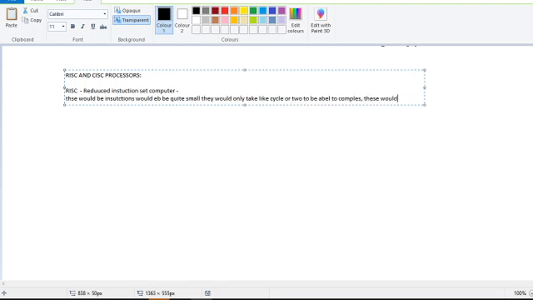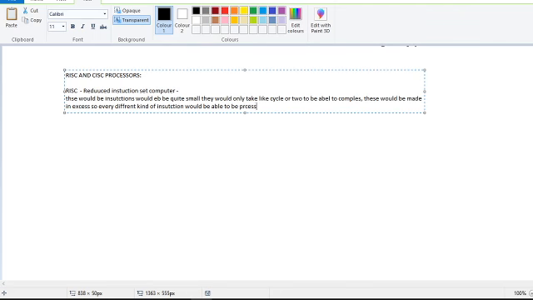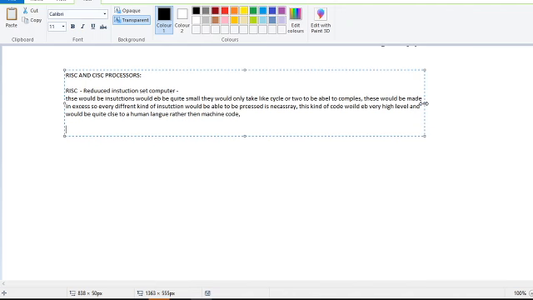These would be made in excess, so every different kind of instruction would be able to be processed if necessary. This kind of code would be very high level and would be quite close to a human language rather than machine code.